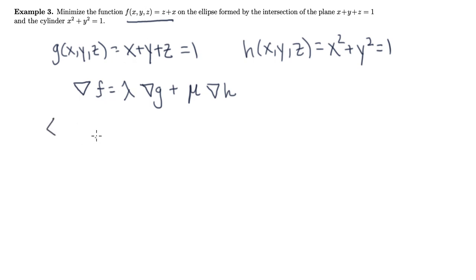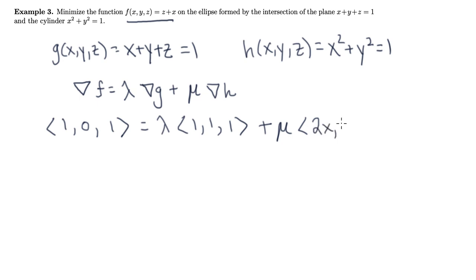So the gradient of f is 1, 0, 1. And then we have lambda times the gradient of g, which is 1, 1, 1, plus mu times the gradient of h, which is 2x, 2y, and 0, like that.